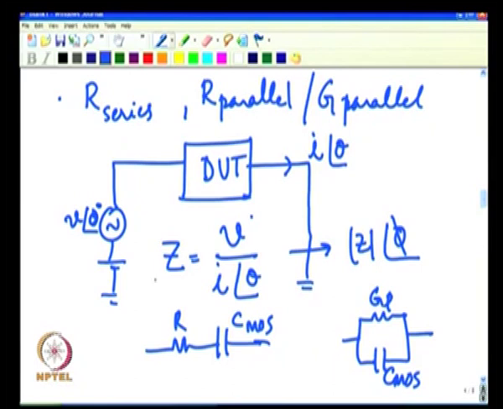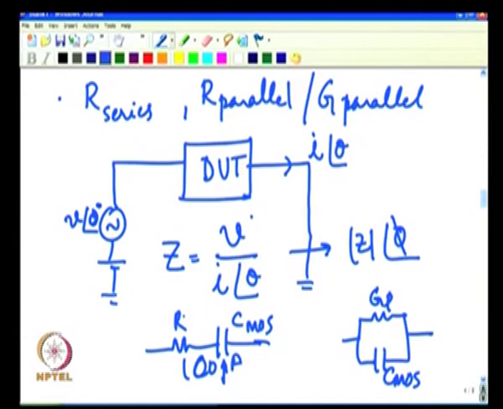It has to resolve this Z into either this form or into this form. Z is the same, but when it is resolved into one form, you get one value for resistance and capacitance, and when you resolve the same Z into the other, you get a different value of resistance and different value of capacitance. As I said, if there was no non-ideality, you get 0 resistance here and the exact same capacitance, let us say 100 picofarad.